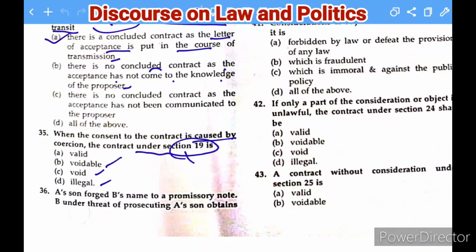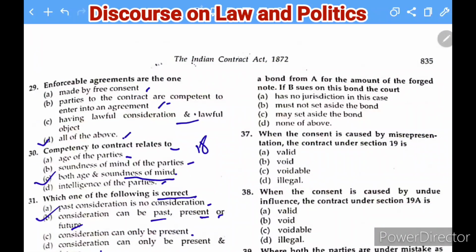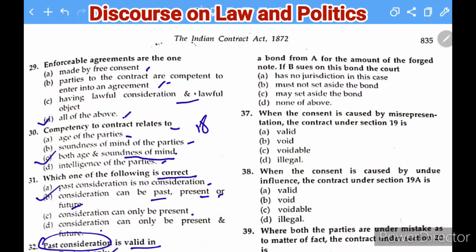Moving to the next question, question number 36. A's son forged B's name to a promissory note. B, under threat of prosecuting A's son, obtains a bond from A for the amount of the forged note.